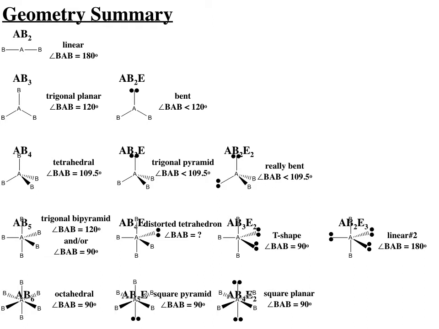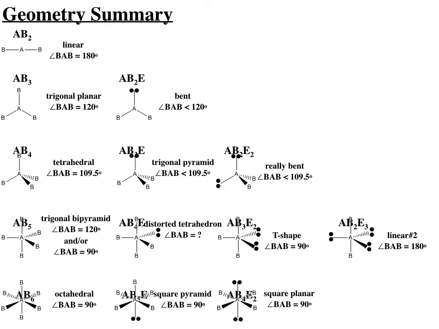Now, when you go to the second column, there's a single non-bonding pair in each case except the linear case. For the trigonal planar, the tetrahedral, trigonal bipyramid, or octahedral, we discussed a one lone pair case for each of those.